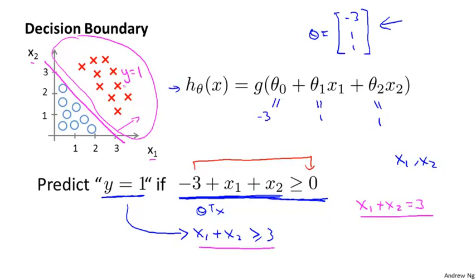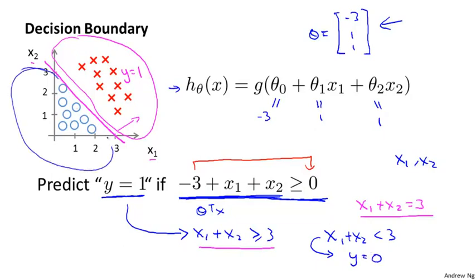And in contrast, the region where x1 plus x2 is less than 3, that's when we will predict that y is equal to 0. And that corresponds to this region. It's really a half plane, but that region on the left is the region where our hypothesis will predict y equals 0. I want to give this magenta line that I drew a name.